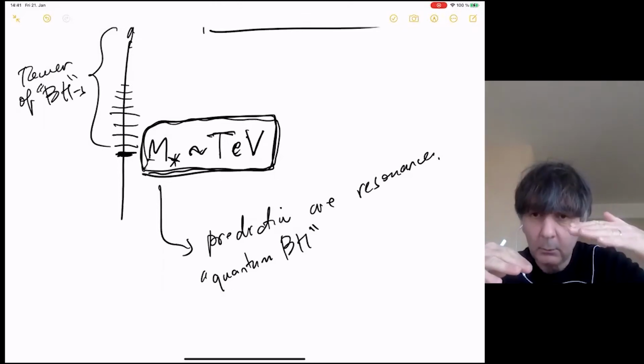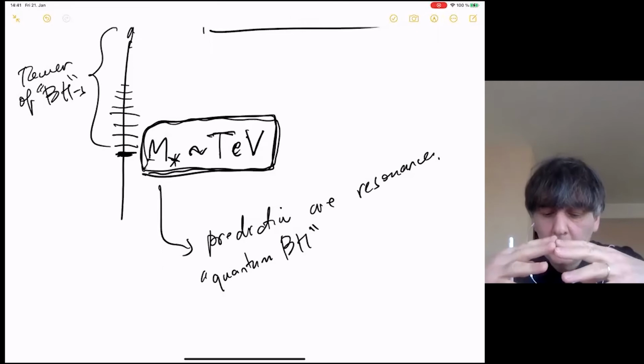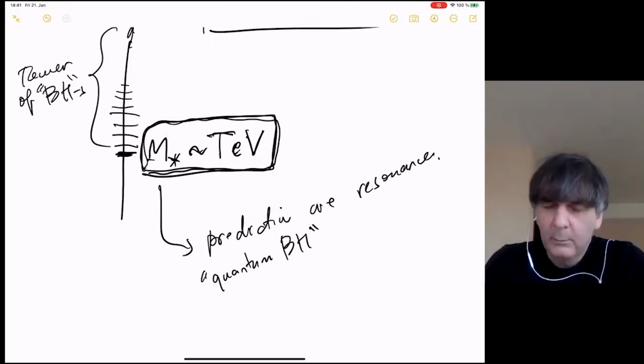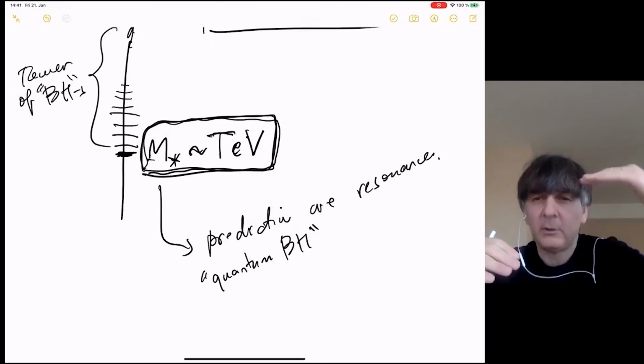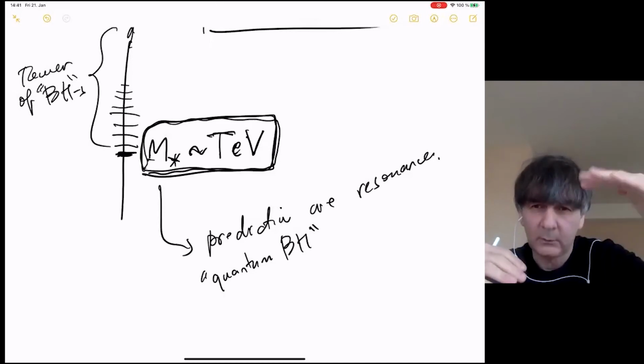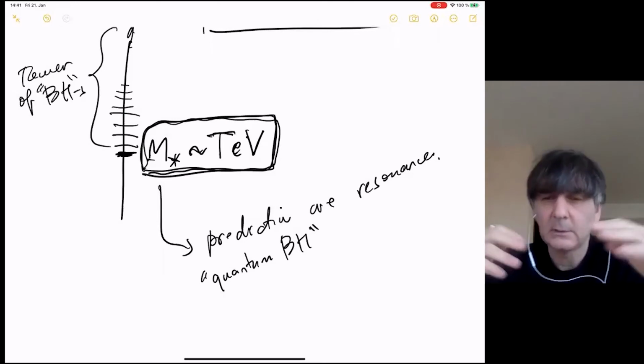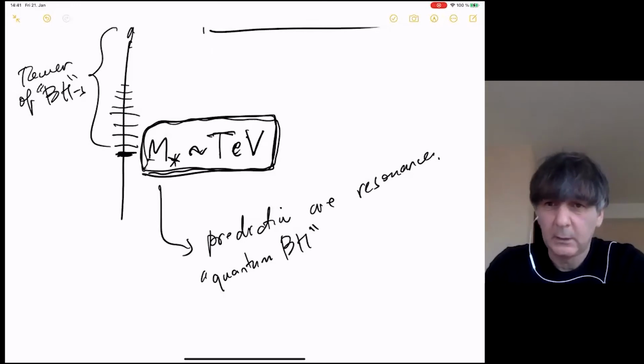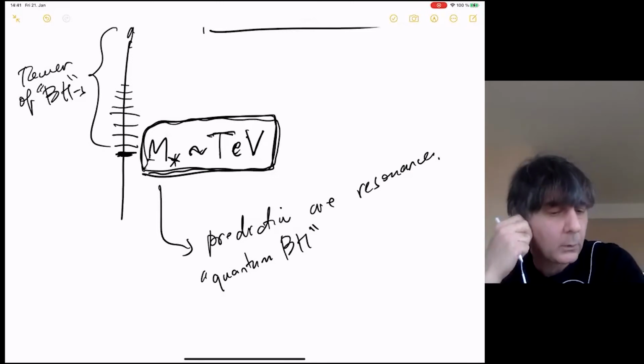The expected signal that we are touching the gravitational cutoff is the following. At the bottom, we will see a resonance. It will be extremely hard, I think simply impossible, if the LHC can only probe the bottom of the tower and the first resonance, to conclude that this is not just another particle.